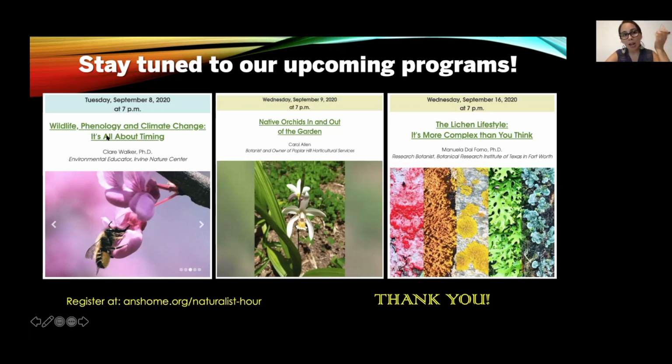And that comes with another important thing: sphagnum sometimes is used to grow orchids or other plants, and it does not always come from renewable sources. So when you're buying your moss, or if you're going to collect moss from your backyard, think about how sustainable it is going to be.